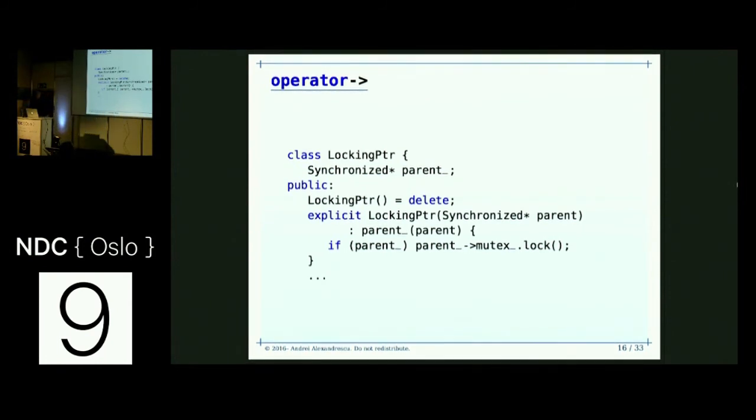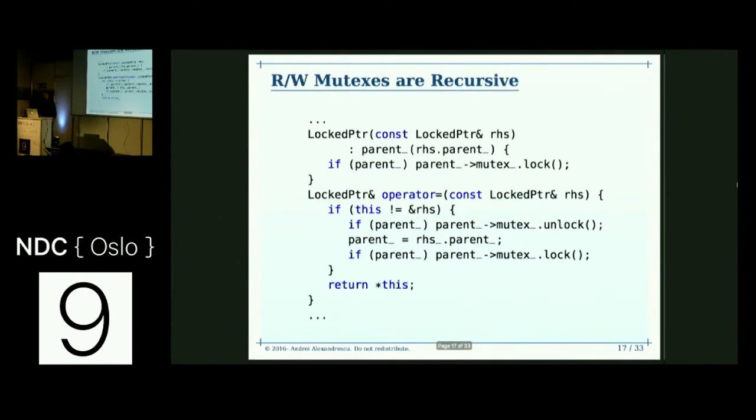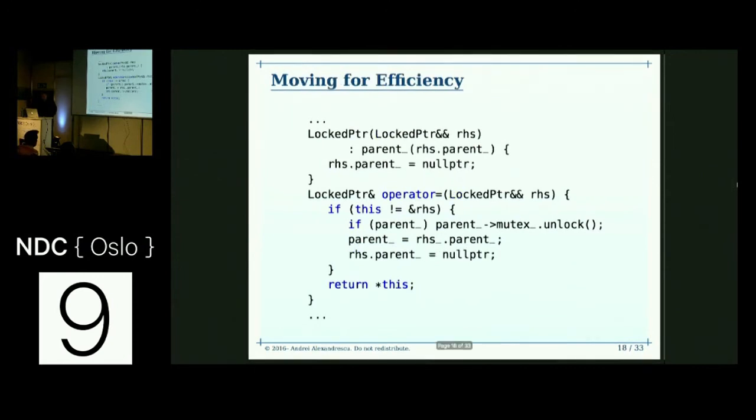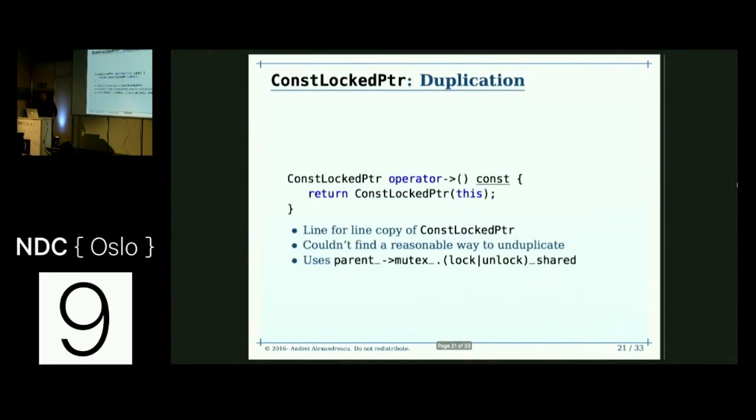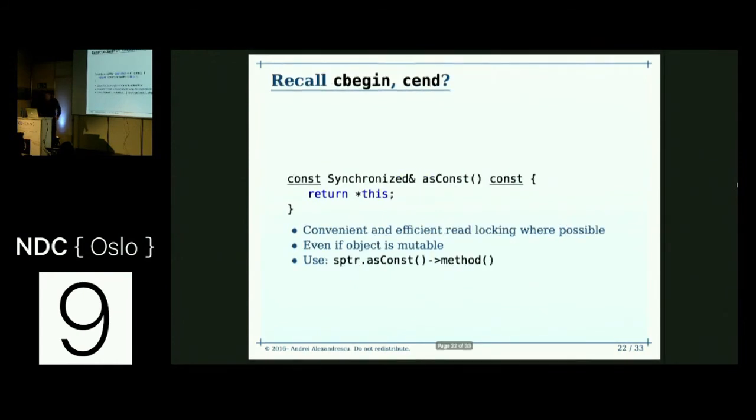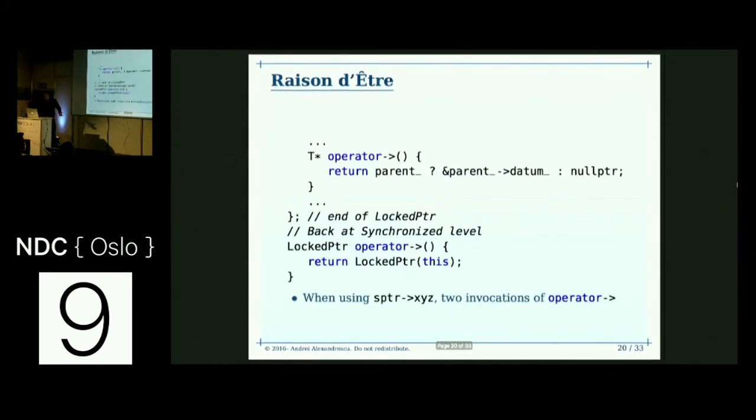What do you think the const locking pointer constructor looks like? Yes? Same, but mutex share. So it's going to be a shared lock here, a different call. This is acquiring the lock in write mode, and this other one is going to acquire the lock in shared mode. Okay, I didn't write that.